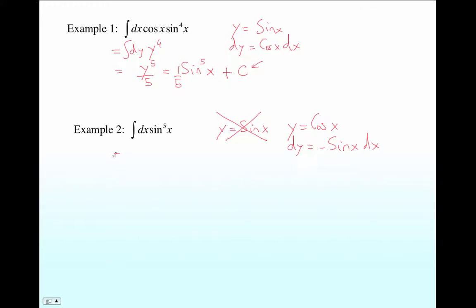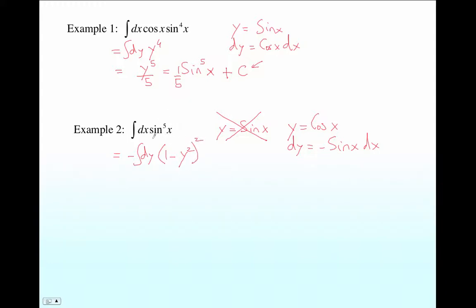And you see that over here I have minus sine x dx indeed, and that gives me minus dy. And then I have sine to the power 4 x. But sine squared x is 1 minus cos squared x, and cos x is y, so I have 1 minus y squared, squared.